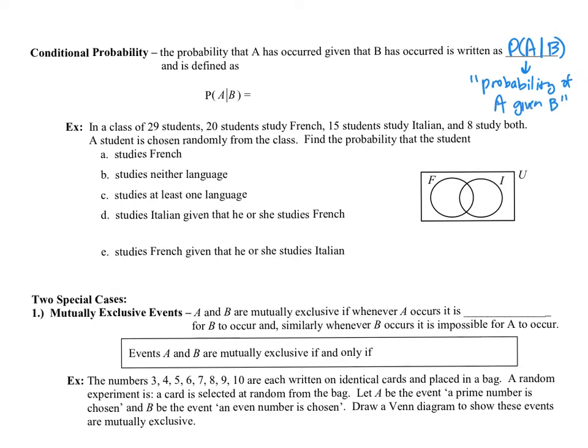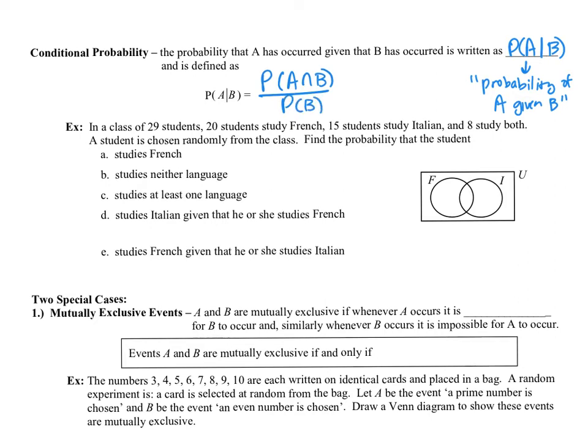There's a formula you need to learn for that. The probability of A given B is the probability of both A and B happening at the same time, divided by the probability of B happening.